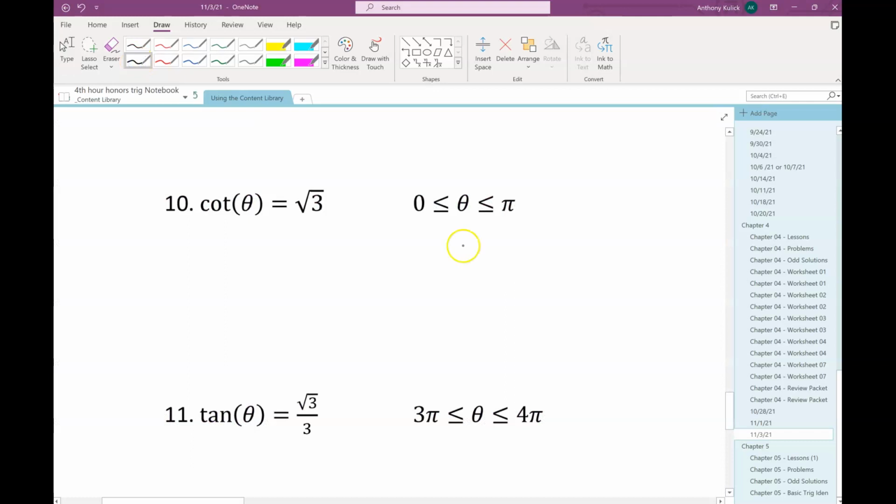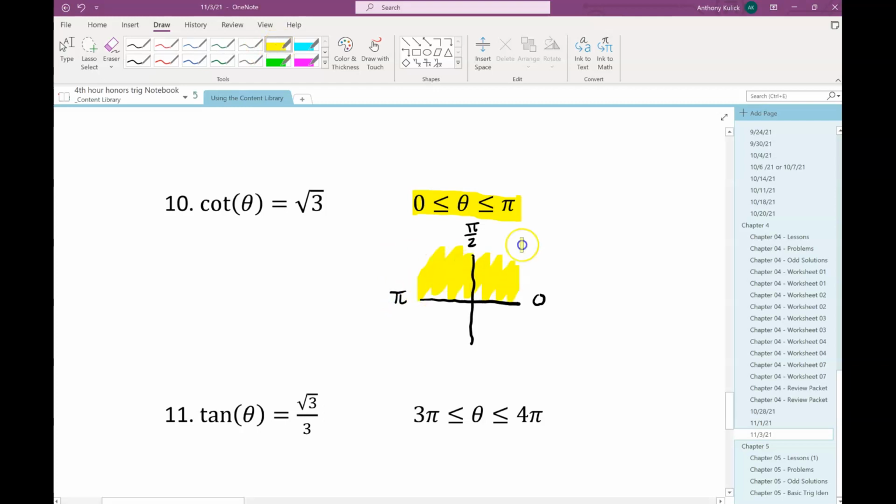So I'm going to start by drawing myself a picture. I observe by looking at my interval here that theta is a positive value. So I know when I'm labeling, I'm going to be going around counterclockwise: 0, pi over 2, pi.